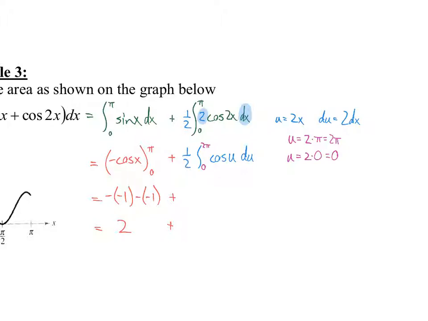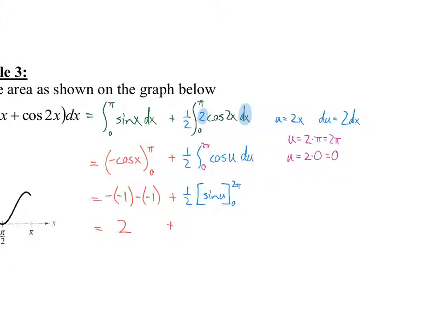So now I have my new boundaries set up, and I've got 1/2. What's the integral of cosine? Sine. So sine of u, evaluated from 0 to 2 pi.